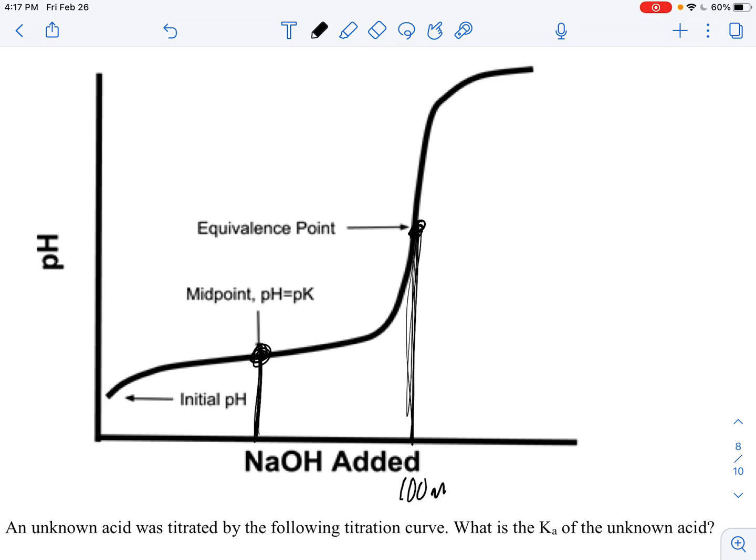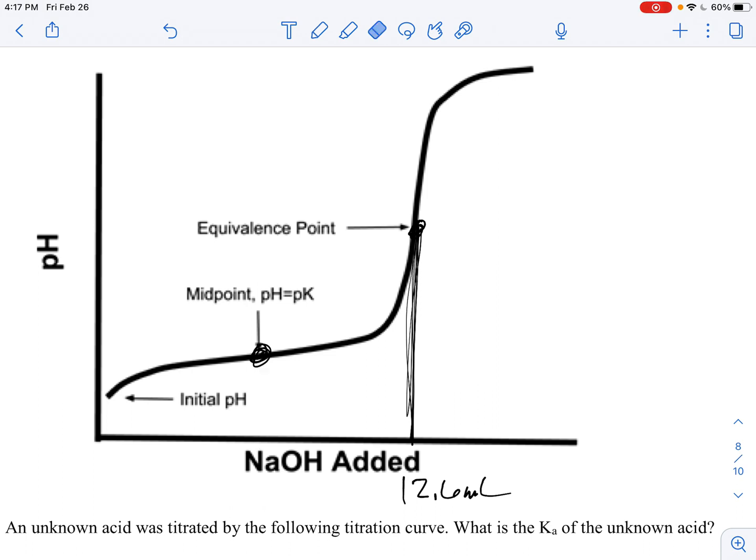So let's say that this is 100 milliliters, then your midpoint is going to occur at 50 milliliters. If this here is at 38 milliliters, then that would be at 19 milliliters. And you get the idea. If this here is at 12.6 milliliters, then your midpoint would be at 6.3 milliliters.